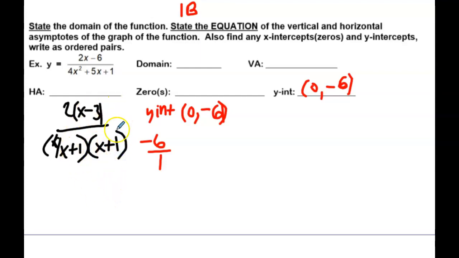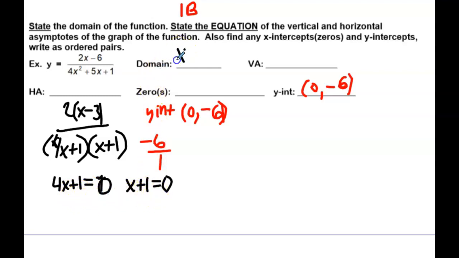All right, so no hole in this one, right? No common factor, top and bottom. What are the domain restrictions? The denominator cannot equal 0. So we would get, this would solve to be negative 1/4 and negative 1. Everybody okay?